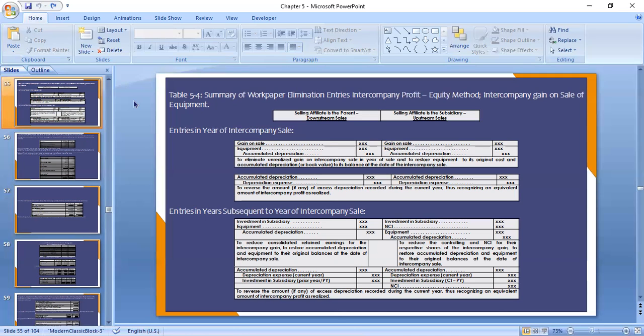If the selling affiliate is the subsidiary, involving an upstream sale, we debit accumulated depreciation, credit depreciation expense, credit investment in subsidiary, and credit non-controlling interest.